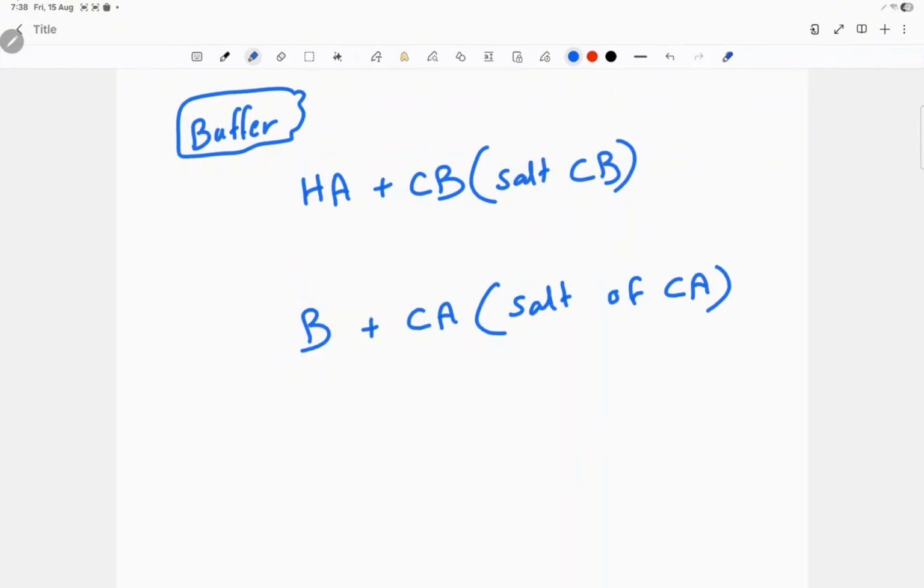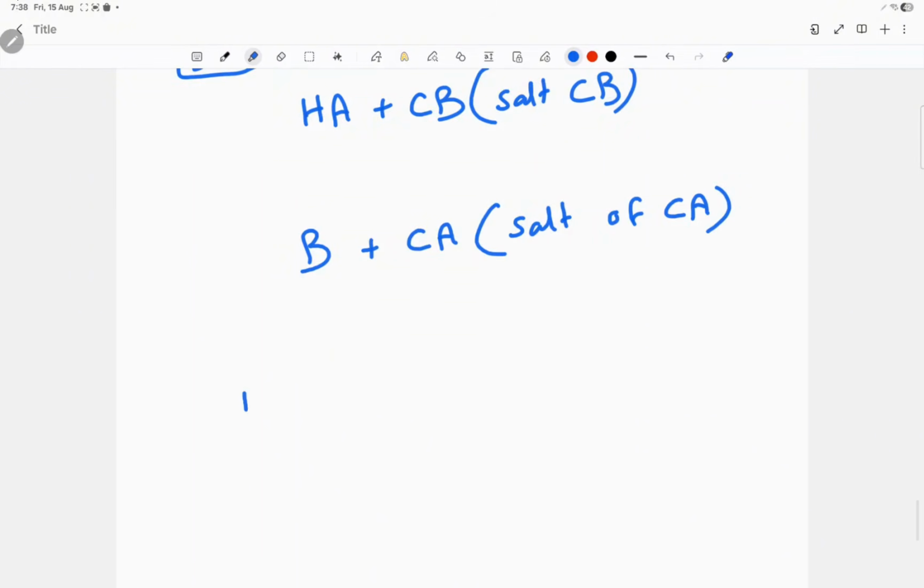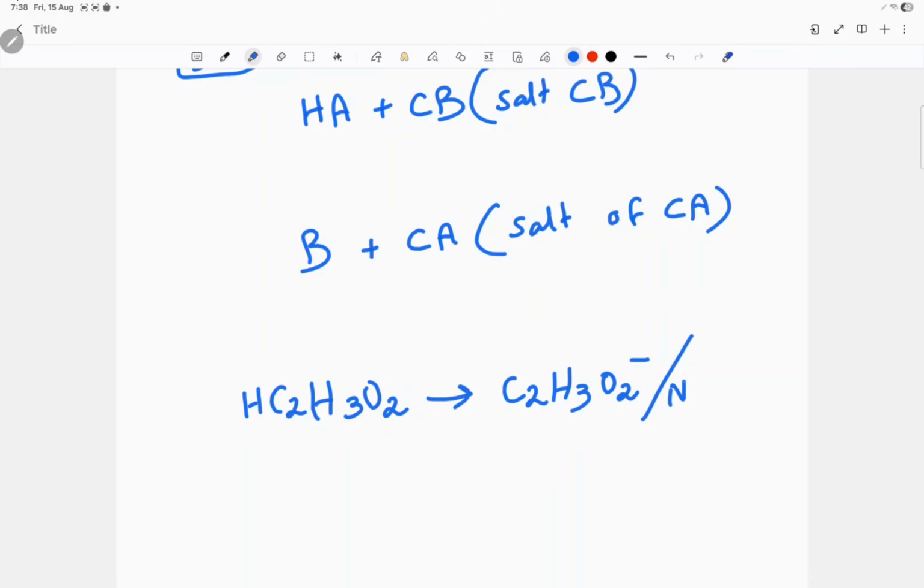What is this salt? Salt means what? For example, if I have HC2H3O2 as my weak acid, what's the conjugate base? C2H3O2 negative. Salt means canceling that negative charge, so you have to put an element from group 1 to do that, something like Na maybe.